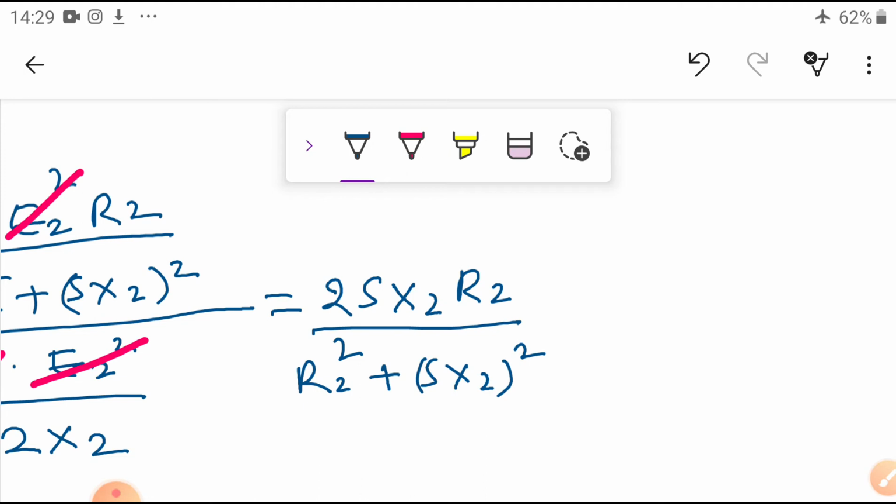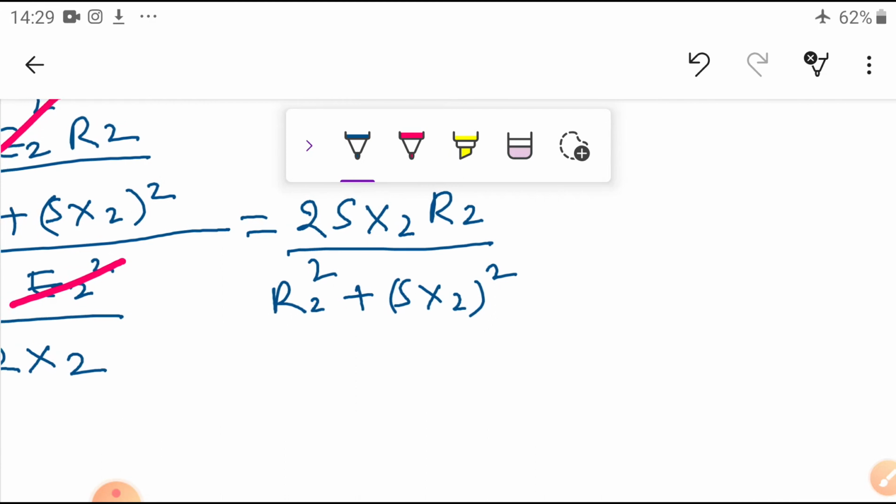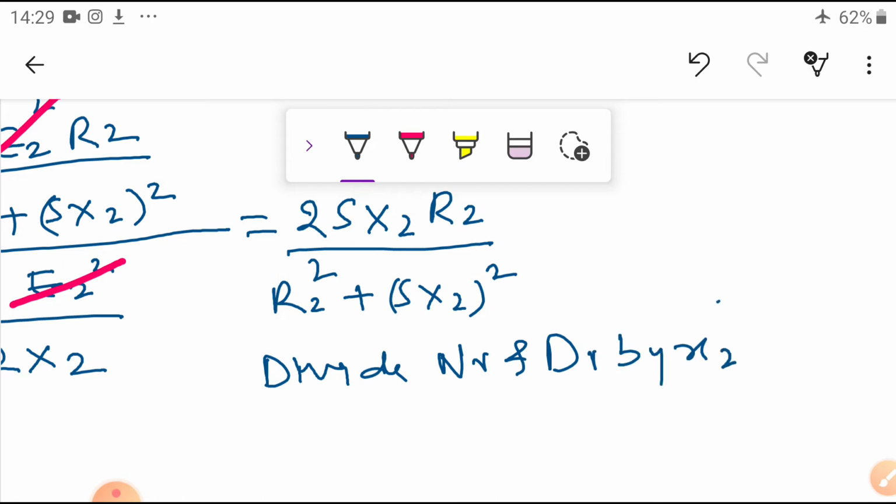Now you can divide numerator and denominator by x2 whole square.